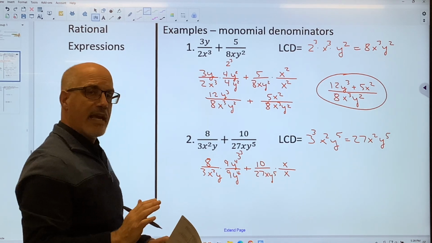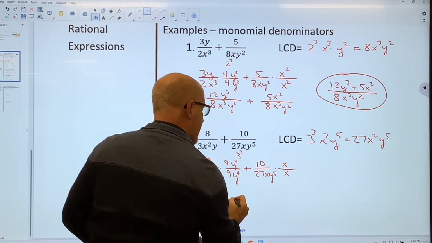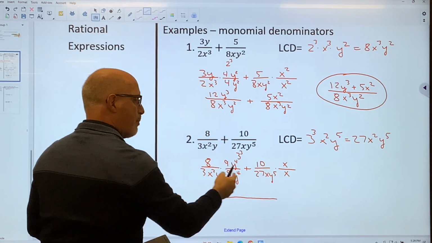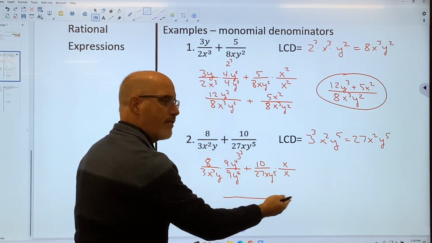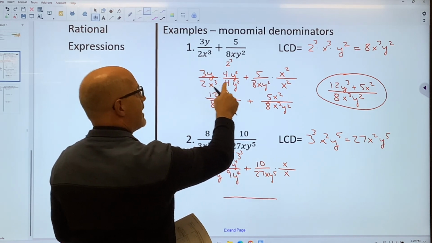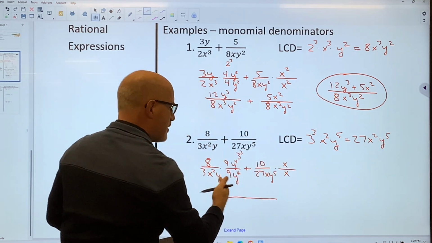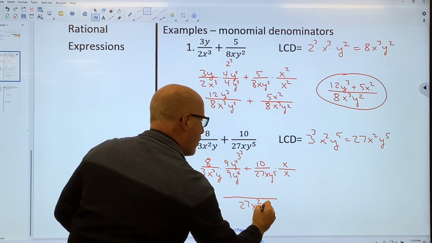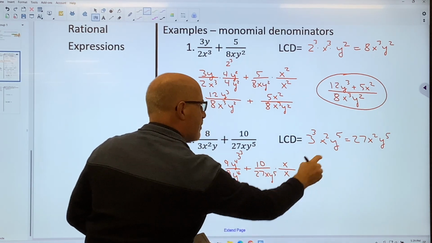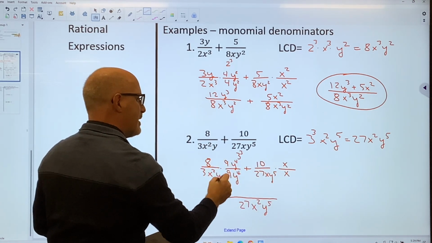Now here's maybe a little bit of a shortcut. Now that I've established my common denominator in both of these terms, I can go ahead and make it one fraction, not having to do it here and then to that step. Let's put it all over 27 x squared y to the 5th, my common denominator, because I've established it both here, and I'm going to multiply these two together.